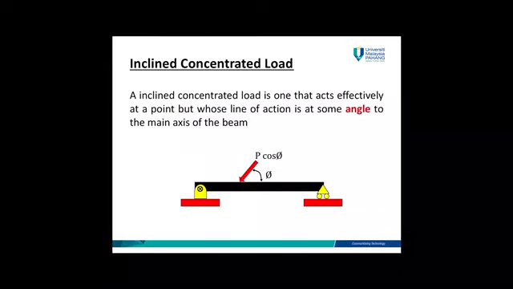For inclined concentrated load, it may have some angle here. So how to solve for an inclined concentrated load? You have to resolve it into y and x directions. So you need to know which one is a cosine and which one is a sine.